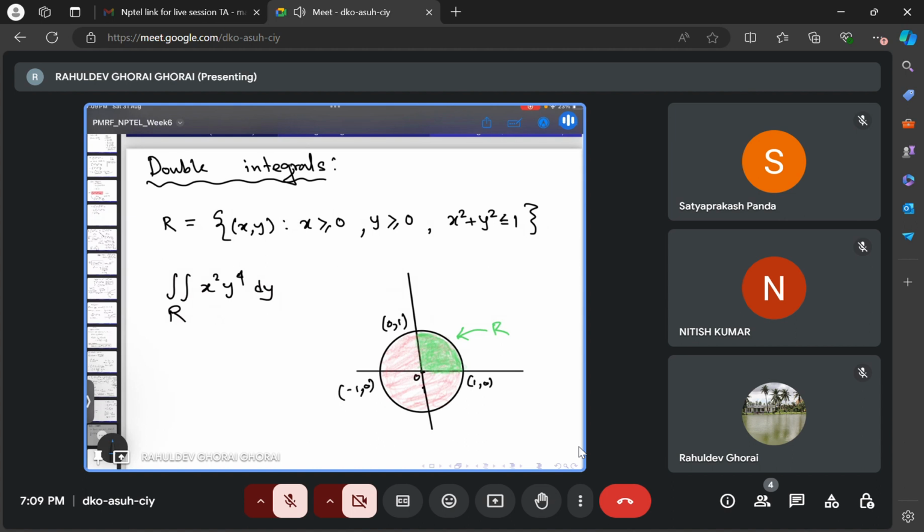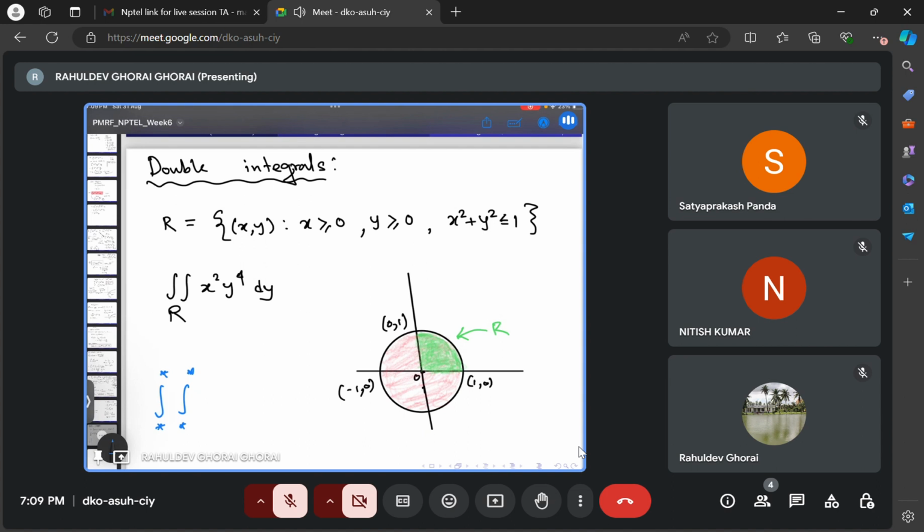You have to write x from something to something, and y also from something to something, by which I can describe the domain in a mathematical way.